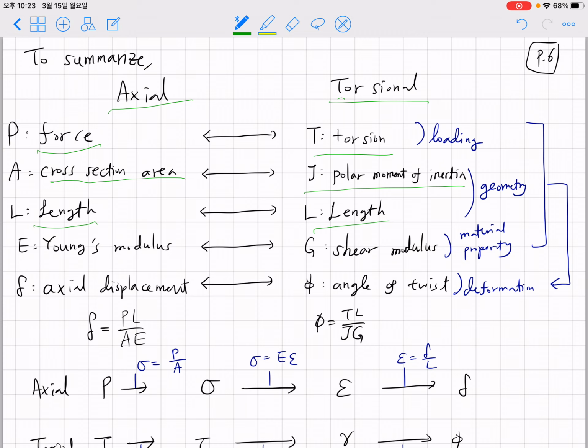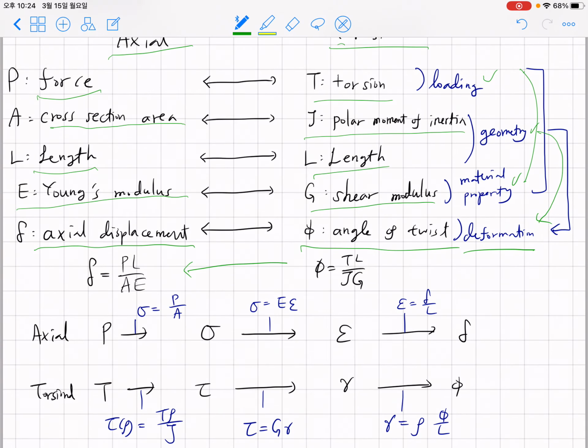Because axial loading considers the response under normal stress, we have to consider Young's modulus. Torsional loading considers the response under shear loading, so we have to consider shear modulus, and we call this the material property. So given external loading, geometry and material property, these determine the deformation of the material. For axial loading, it was displacement delta. For torsional loading, it turns out to be angle of twist, and the equation looks very similar.